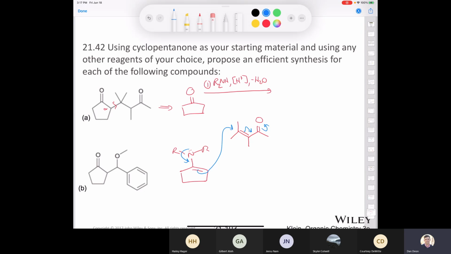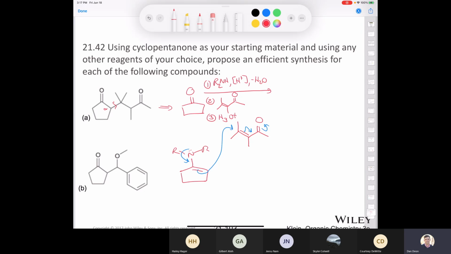So in the second step, after we formed the enamine, we're going to add the Michael acceptor, which would be this alpha beta unsaturated ketone, like that. That's going to give us the iminium ion and the enolate. And then in the last step, we just treat that with aqueous acid and we heat it up. I'm not going to draw the intermediate. I'm just going to put here step number 3 is aqueous acid.